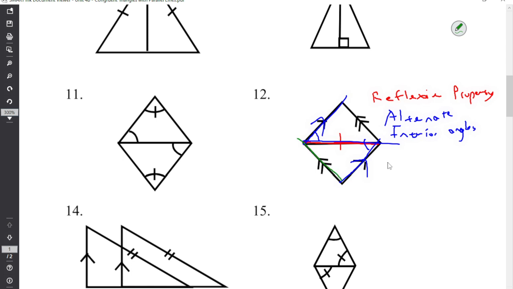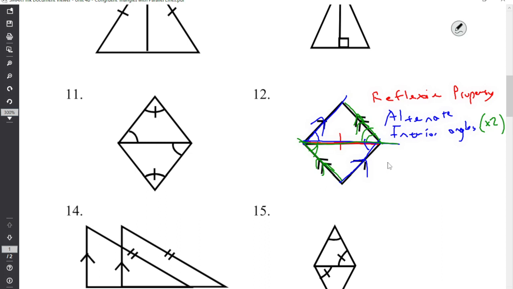Not only that, but with these parallel lines and the same transversal cutting through, I've got another pair of alternate interior angles that have to be the same. So therefore, I've got enough information for the triangles to be congruent.